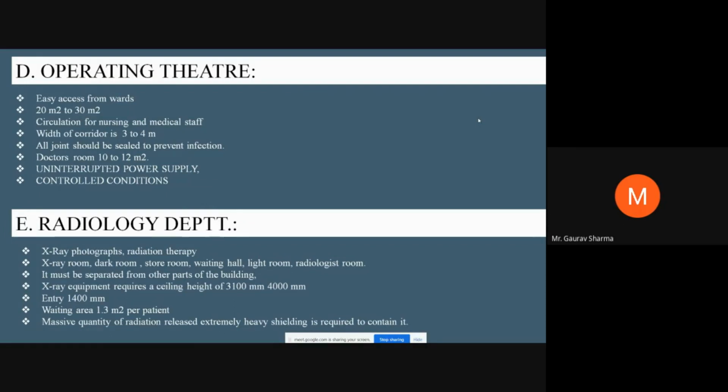Again, from construction point of view, the walls and the floor or the ceilings should be prepared with the help of a dense concrete. That means concrete which is not having voids. Okay, so proper vibration and heavy thickness, we can say these are all the requirements so that the extreme rays cannot go outside and harm the other persons.